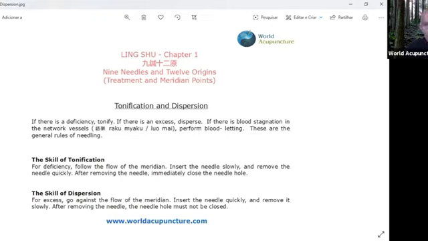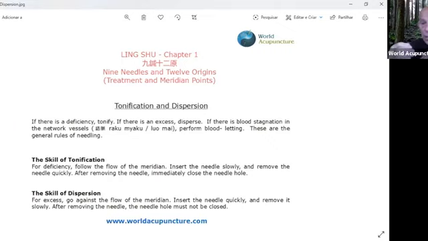So there are occasions when there's so much heat in those meridians that we disperse them first, and then we'll tonify the yin meridians. But primarily, we'll tonify the yin meridian, and then if there's still excess, we can disperse the associated yang meridian where the excess is.